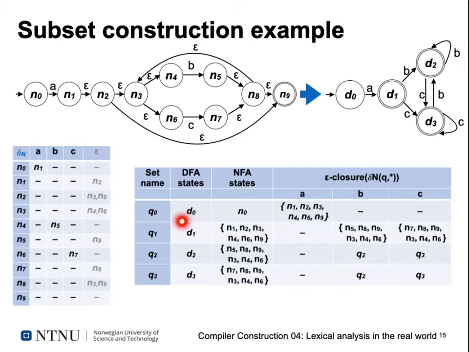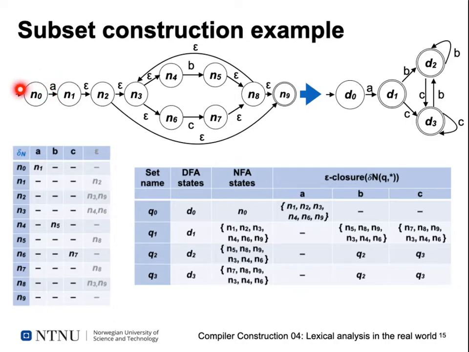So we start again at a new state D0 here, which is just the old state N0, and we have a transition reading an A. And reading an A, we end up in this new joint state N1, 2, 3, 4, and so on. Reading a B or a C, well, it doesn't get us anywhere.